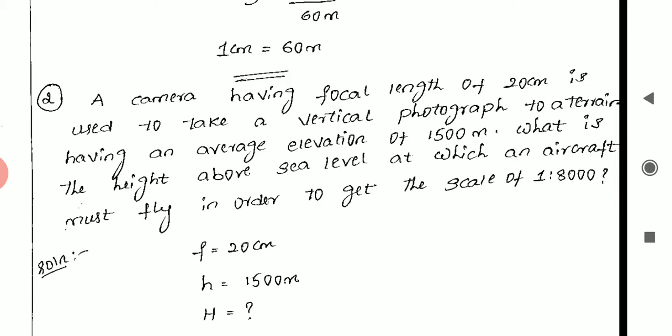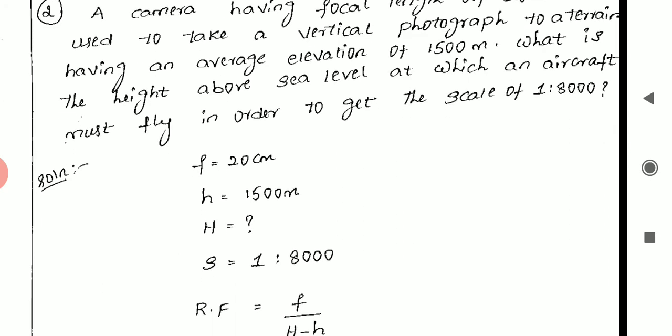What is the height above sea level? So from sea level to camera height, it is nothing but capital H. And what is asked is the capital H, and he has also given the scale of 1:8,000.